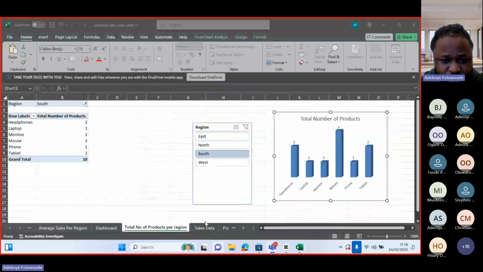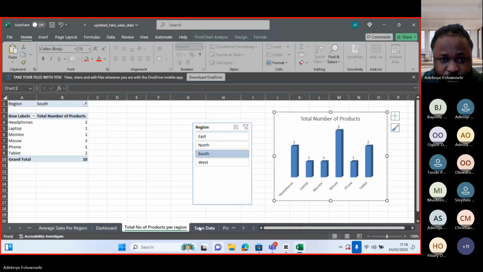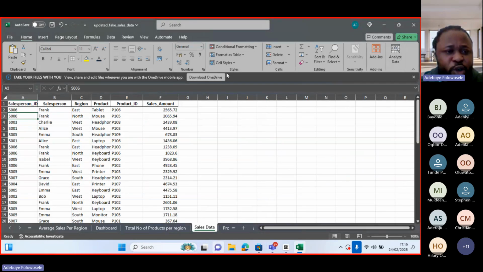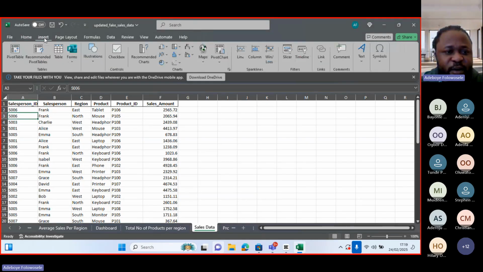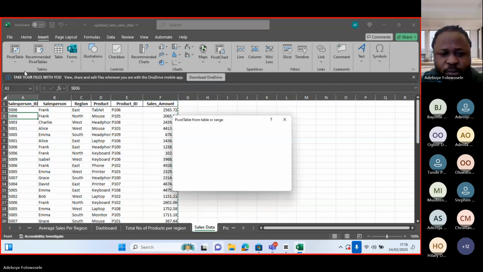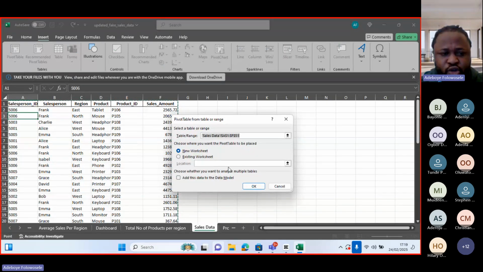So don't forget what we did last week. So we go to insert, pivot tables. Yeah, a new, then okay.